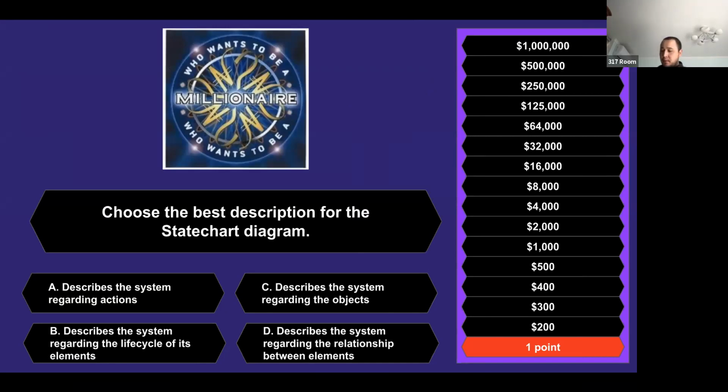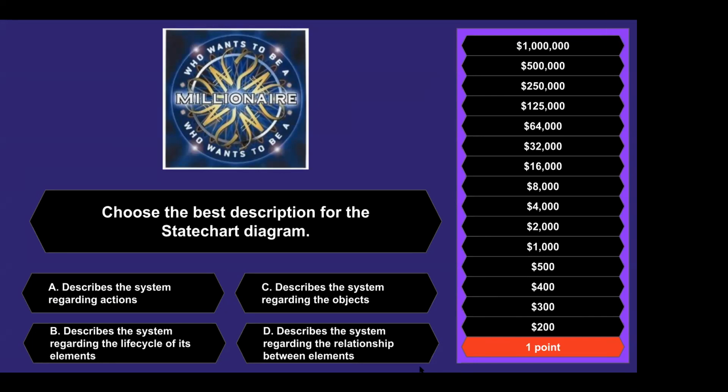So okay, now let's talk about state chart diagram. Can you choose the best description for the state chart diagram? Anyone, even if you have answered, please, you're welcome. May I try? Yes, sure, Leonid.